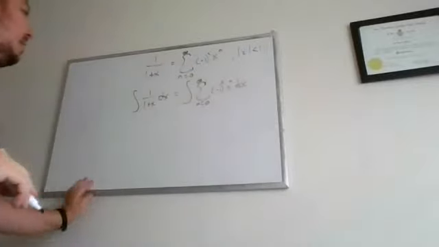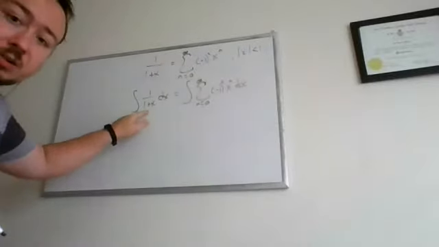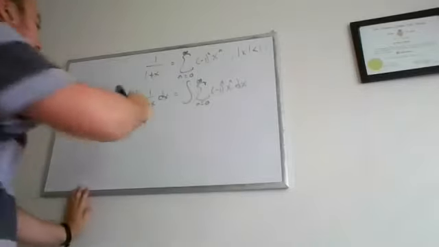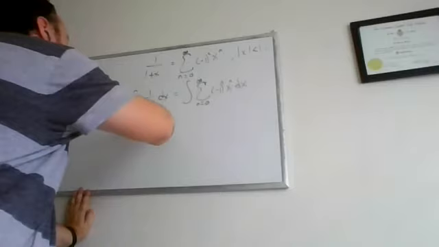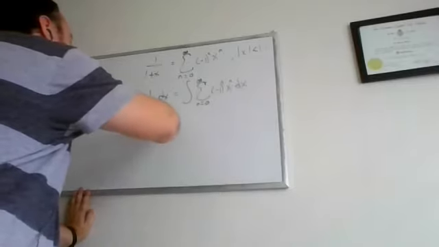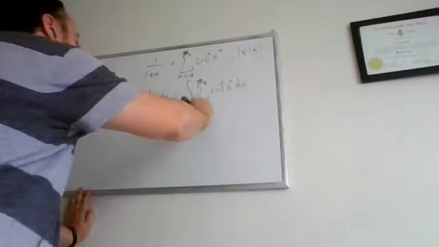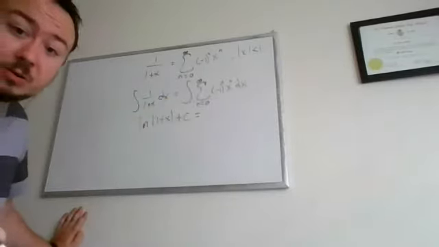Okay, and then, well, let's see here. This is an integral we maybe learned in Calculus 1. The integral of 1 over 1 plus x will be ln of the absolute value of 1 plus x. And then maybe we'll get a plus c for that because we did an integral.